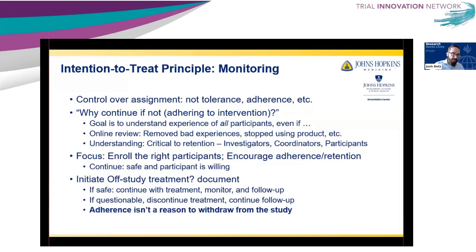And again, it's key to remember that non-adherence to the study intervention isn't necessarily a reason to withdraw from a study. And when participants understand that even if they're not on the study intervention, their data still has value, generally they're more willing to stay in the study and we can get better quality data and evidence.